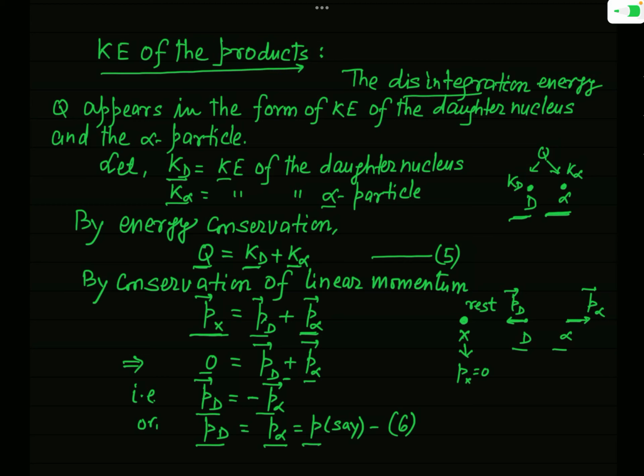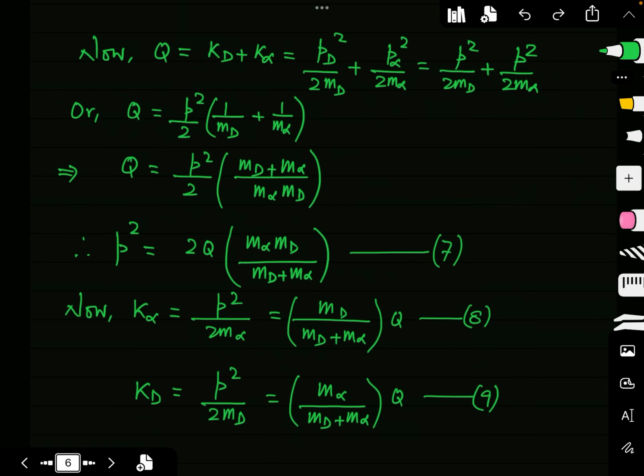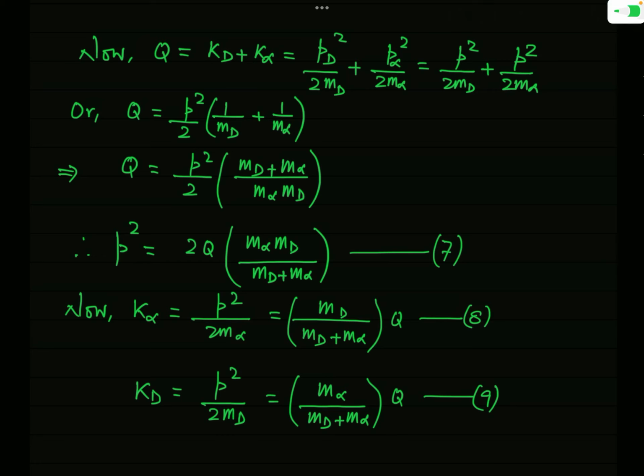Now, you can find the value of Q. Since you have seen that Q is equal to Kd plus K alpha, and you know kinetic energy of a particle having linear momentum P is defined as K equal to P square by 2m. You know, this is classical formula for kinetic energy.